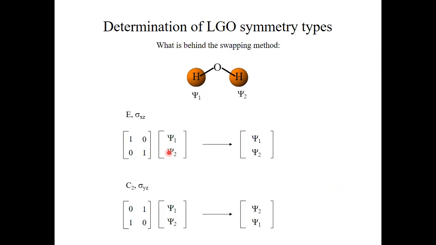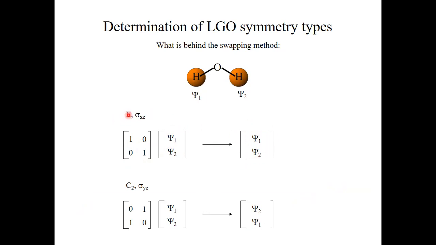You can again express psi1 and psi2 in a 2 times 1 matrix. And you can again ask, with what matrix do I need to multiply this matrix so that the right final matrix comes out?